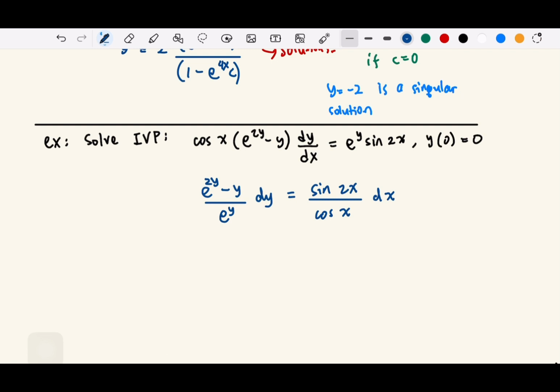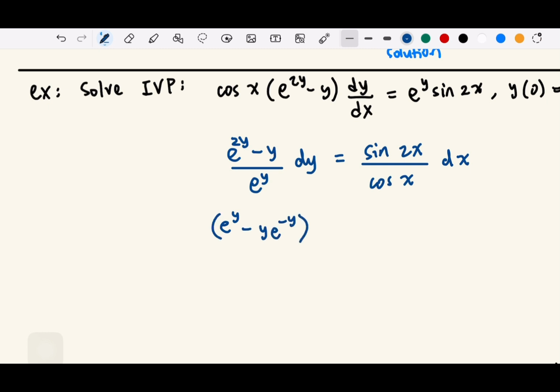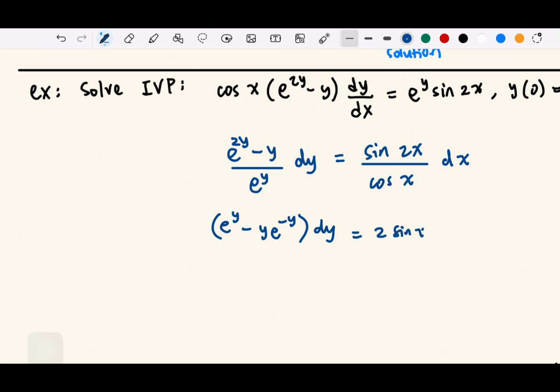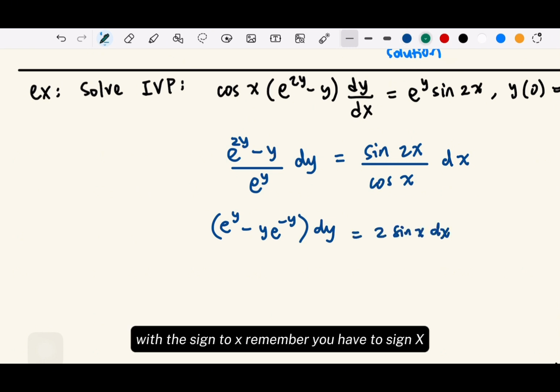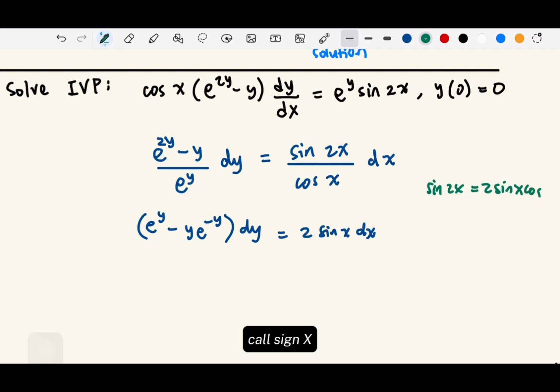Right? Okay, so this one becomes this, and this one becomes this, right? And this one becomes this. With the sine 2x, remember, you have 2 sine x cosine x.